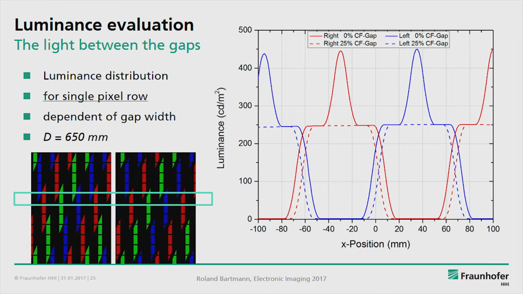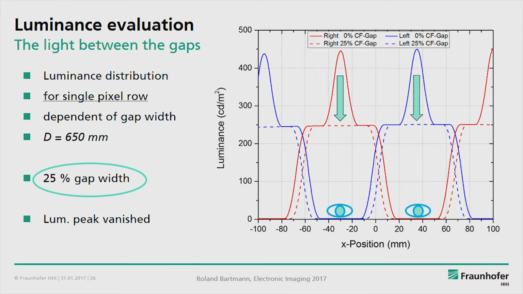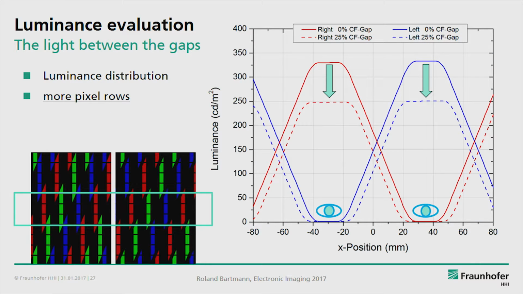So this was calculated for 6,500 millimeters common distance. So again, here are the eyes, and the peaks are dropping down with the gap. And if we calculate this for more than one row, the peaks will vanish, and with the gaps we have this luminance decrease, but wider plateau zones.